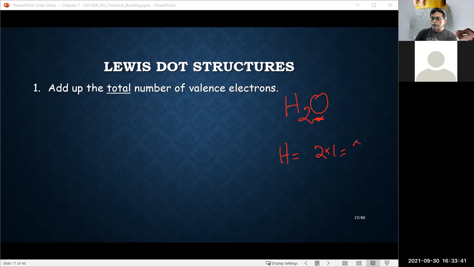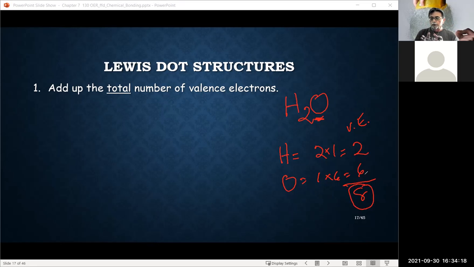So there's a total of 2 valence electrons being brought to the chemical by hydrogen. If we look at oxygen, there's only one of them, okay? We have to account for the total number of atoms, and oxygen is in group 6 of the periodic table. So that is 6 valence electrons. That means it brings 6 to the table. So we have a total of 8 valence electrons, okay?